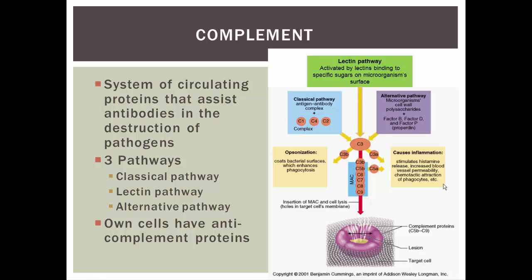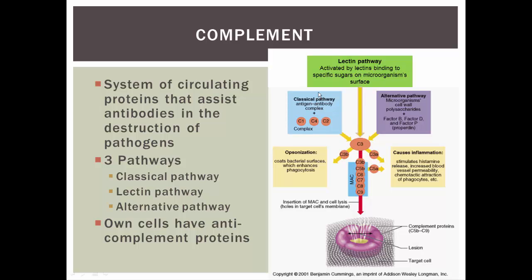Complement is another chemical that can be used in fighting off pathogens. This is a system of proteins that are circulating around, and they may help with all kinds of different things, such as helping antibodies in destroying the pathogen.